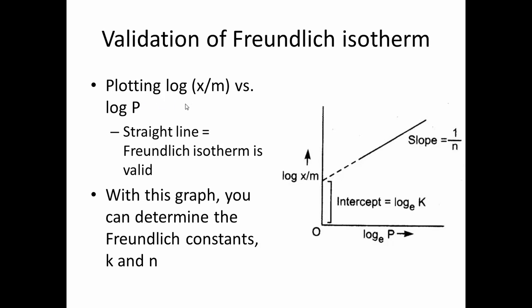So we look at the log of X over M versus the log of P, and if we get a straight line, the Freundlich isotherm is valid. And then from the slope, we can get 1 over N. So we have our N constant. And at the y-intercept here, we have the log of K, which is our other constant. So we can determine these constants, and then based on whatever pressure we're at, we can figure out what our X over M is going to be.